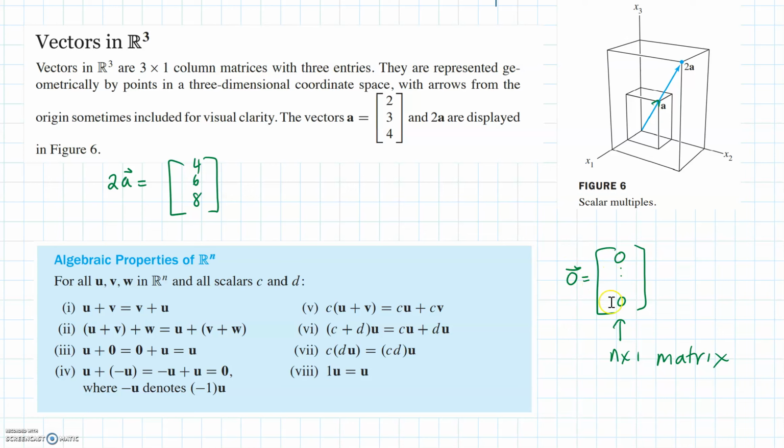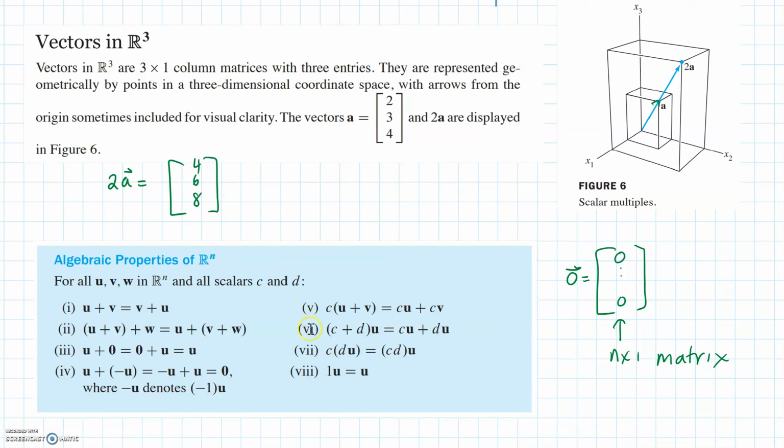So it means an n by 1 matrix with n entries. If you had a 0 in R3, there would be 3 zeros in your vector. And you don't need to specify this. I have seen 0 with a subscript n or subscript 3, but you're just going to make your 0 whatever size you need.